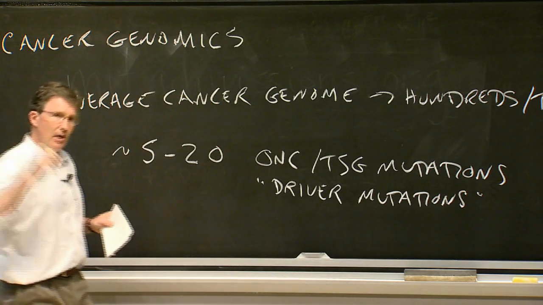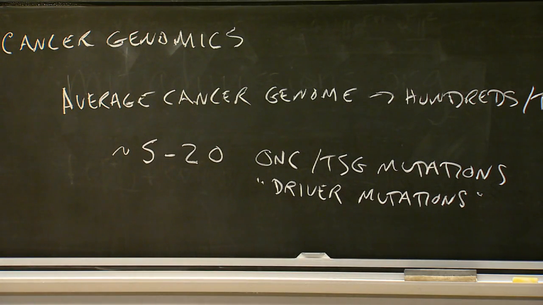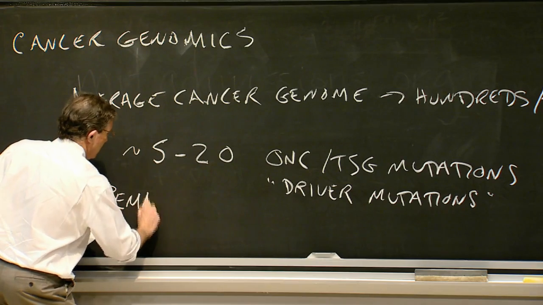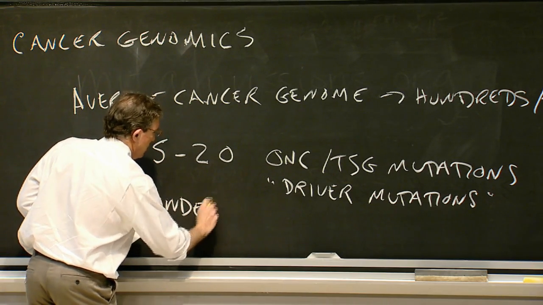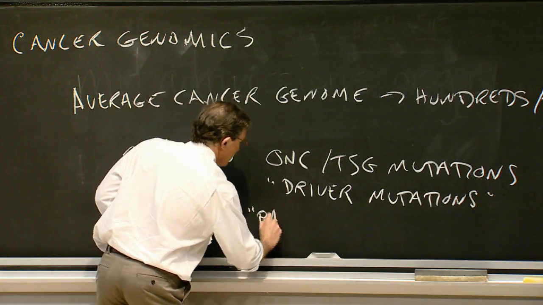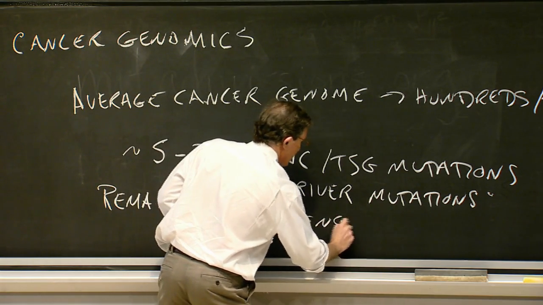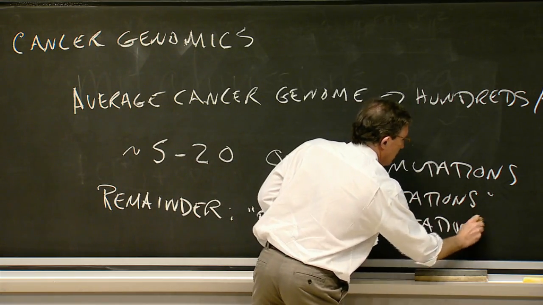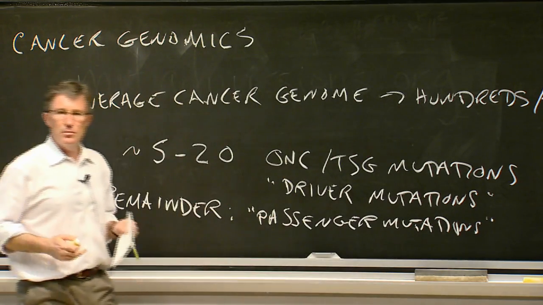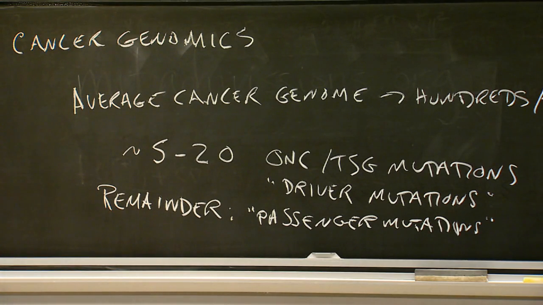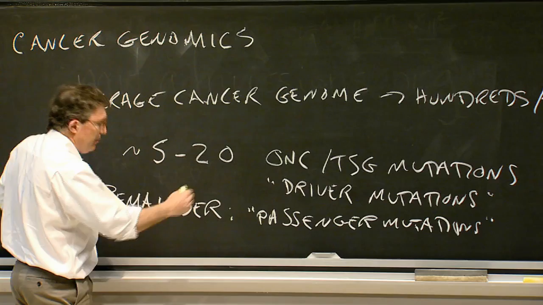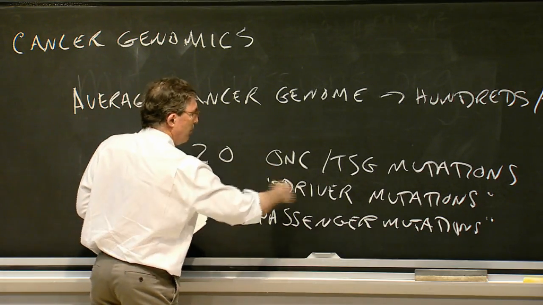Driver mutations, meaning they actually are participating in the development of the tumor, causing some aspect of the cancer phenotype. And the remainder we call passenger mutations. Silent mutations. Mutations that actually don't do anything to the cancer cell, but they just happened to occur at the same time or in the lifetime of the cancer cell when another important mutation took place.